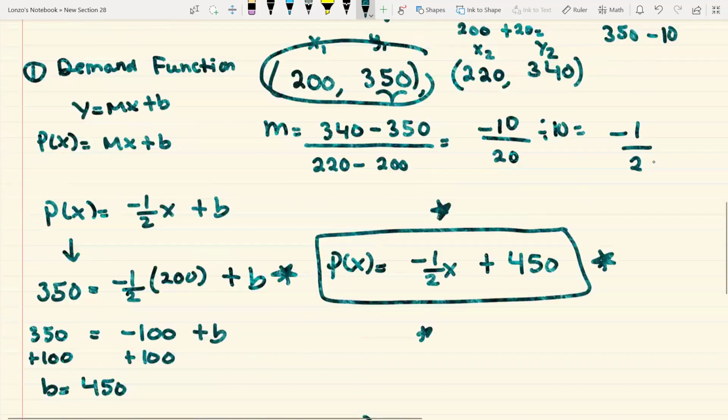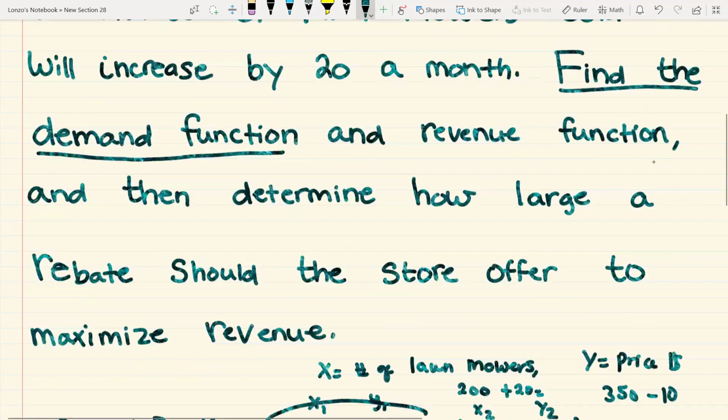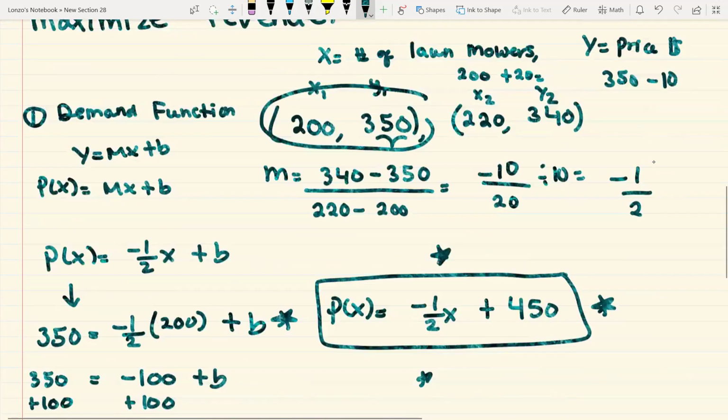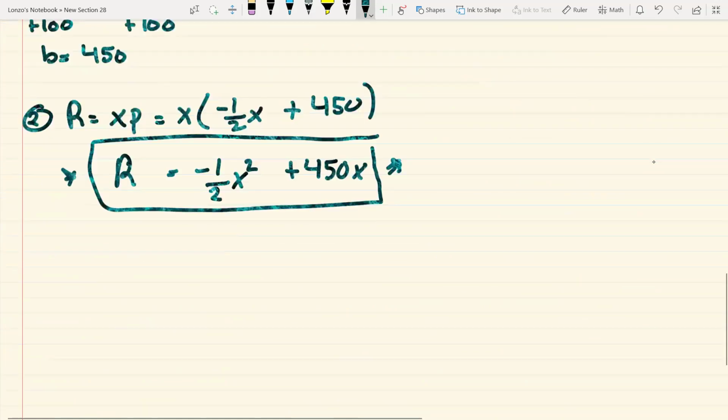The next part says, and then determine how large a rebate should the store offer to maximize revenue. So to maximize revenue, what we have to do is take your revenue function, find the first derivative and set it to 0, right? So let's find r prime. Negative 1/2 x squared would be negative x to the power of 1, and then the derivative of 450x is 450.